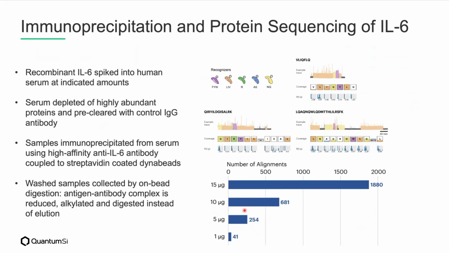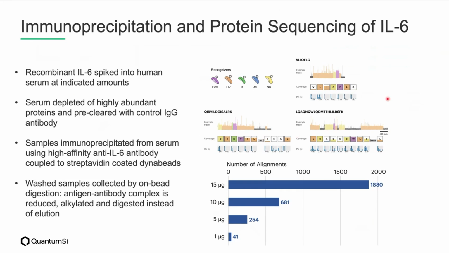The proteins were then immunoprecipitated from the human serum using a high affinity anti-IL-6 antibody that was coupled to streptavidin-coated Dynabeads. Finally, we proceeded with our on-bead digestion process and then continued into sequencing.